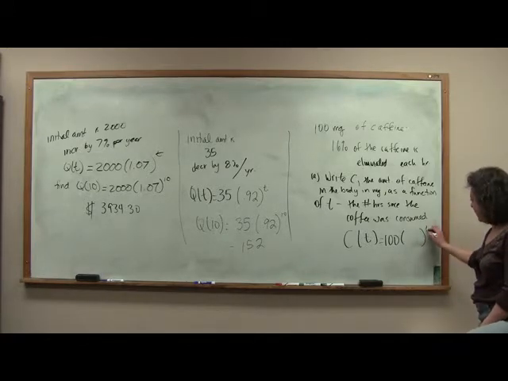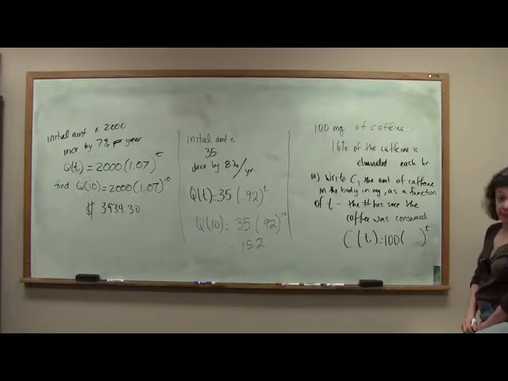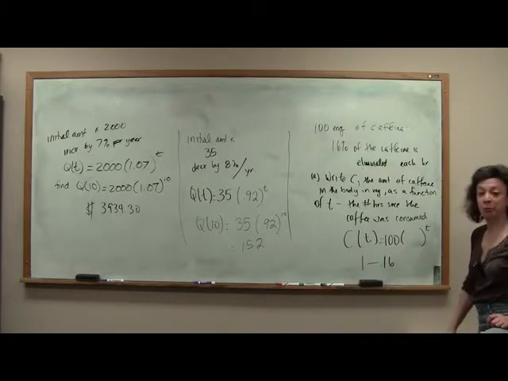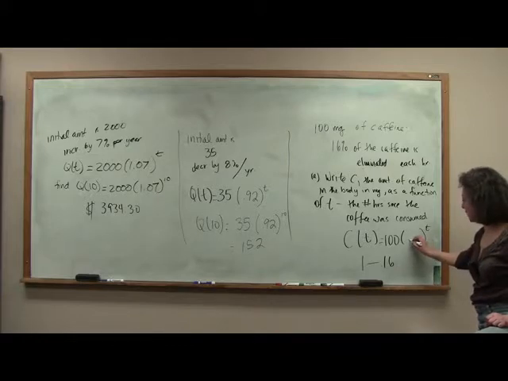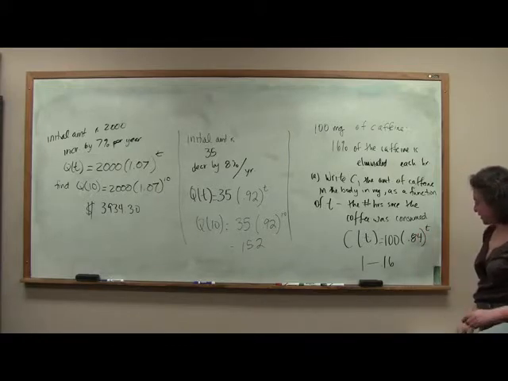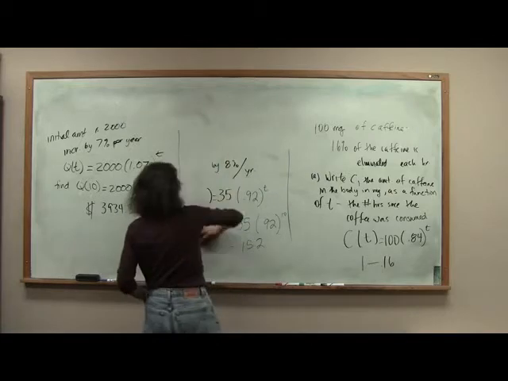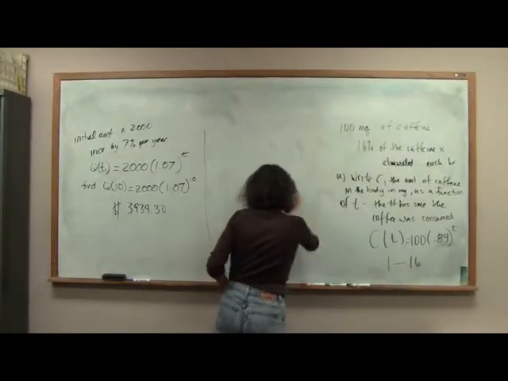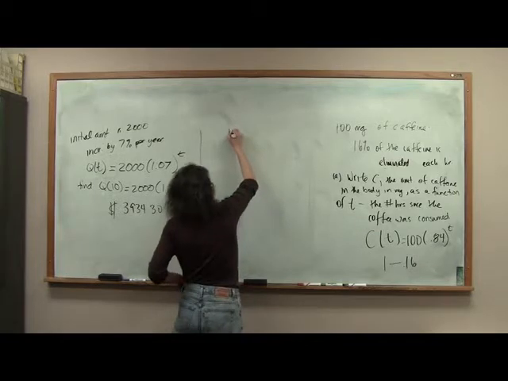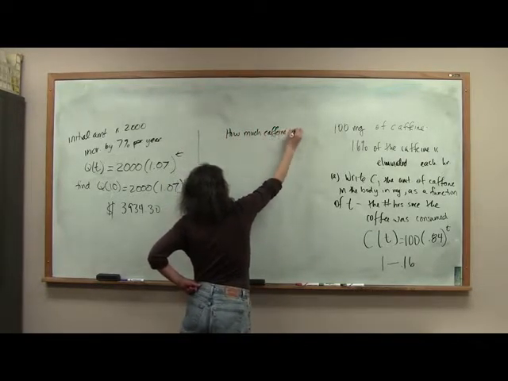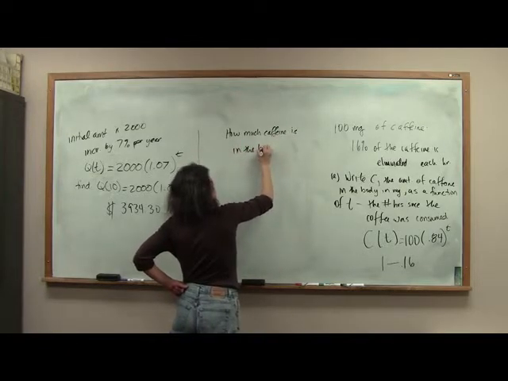I know my exponent is going to be t. Well, notice it's being eliminated, so it's decreasing, so we would take 1 minus 0.16, or we would get 0.84 to the power of t. Cool, huh? Now, suppose, just as a follow-up, I asked you how much caffeine is in the body after 5 hours?